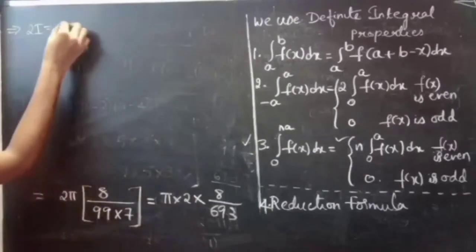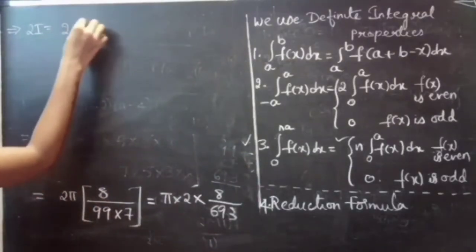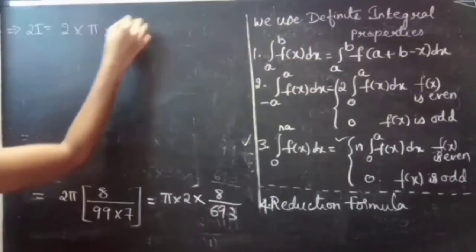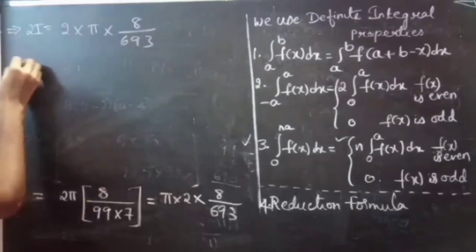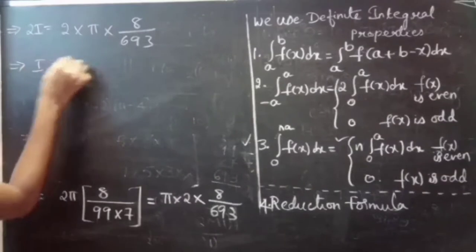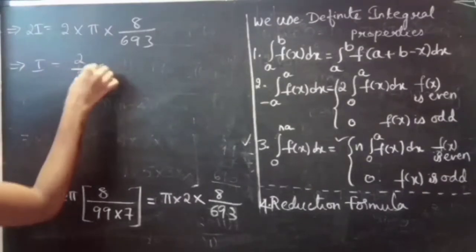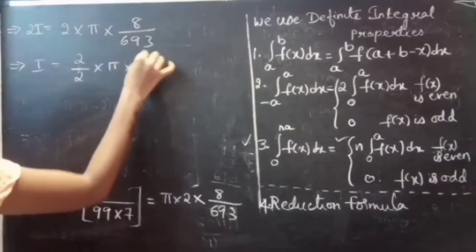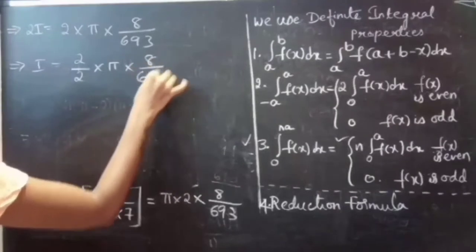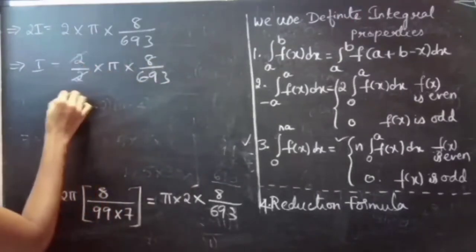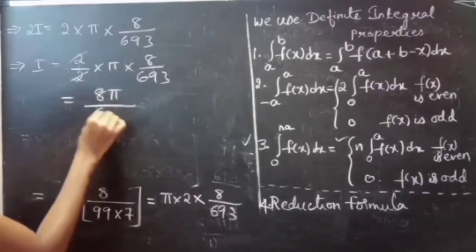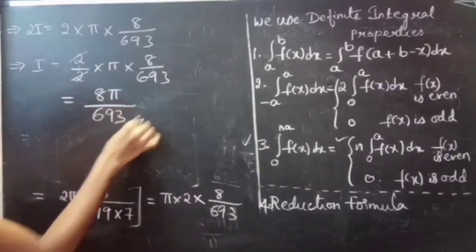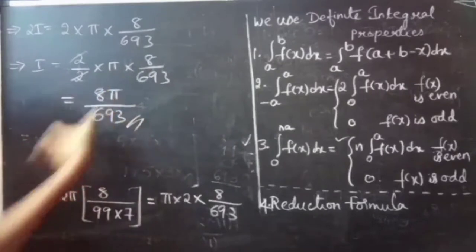So you got 2I equals 2 into pi into 8 by 693. So this implies I equals 2 by 2 into pi into 8 by 693. The 2s get cancelled. So this equals 8 pi by 693.